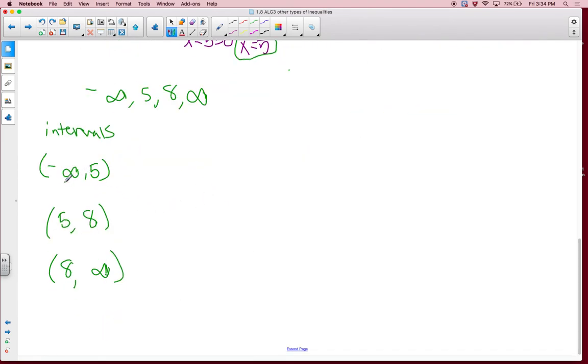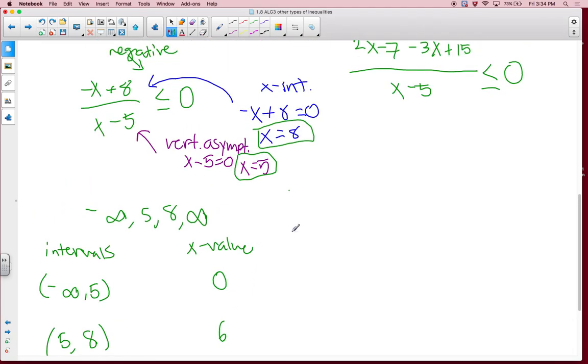Here we go. From negative infinity to 5, our x value can be 0. That one's nice, right? From 5 to 8, we can plug in 6. From 8 to infinity, we can plug in 9. So let's just write this over here: negative x plus 8 over x minus 5.